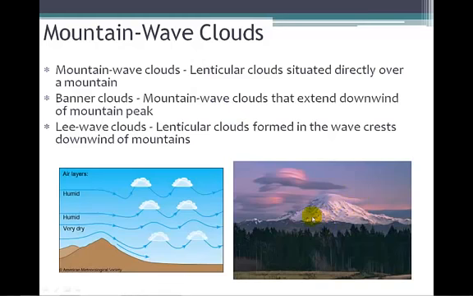So here's a picture of Mount Rainier, and you see some lenticular clouds that have formed in this wave pattern because of the airflow. There are also something called banner waves. These are another type of mountain wave cloud that extend downwind of a mountain peak. So it might be, instead of individual little tufts of clouds, a consistent string of clouds that are downwind in the disrupted airflow.